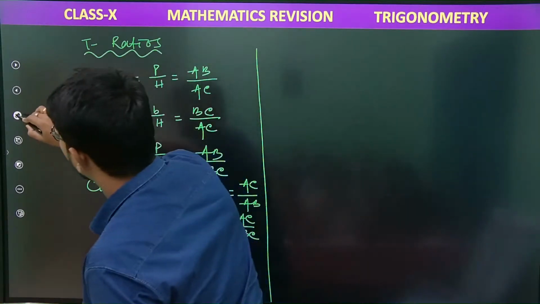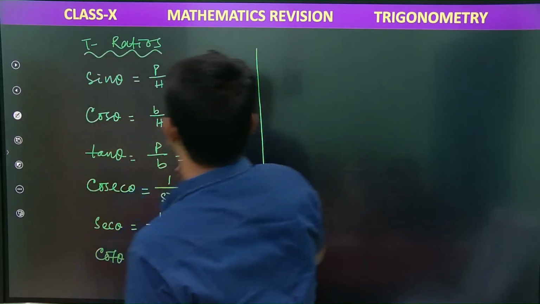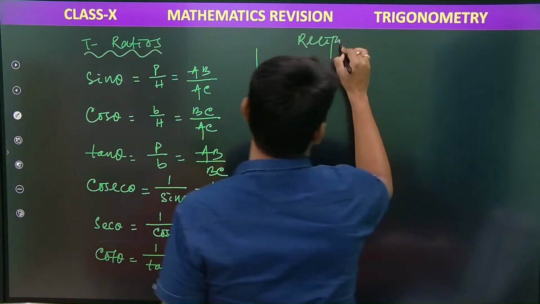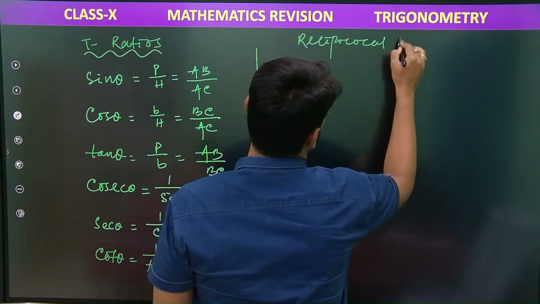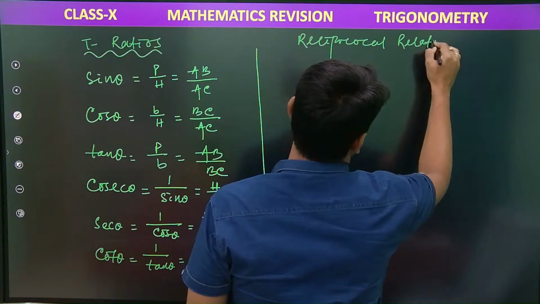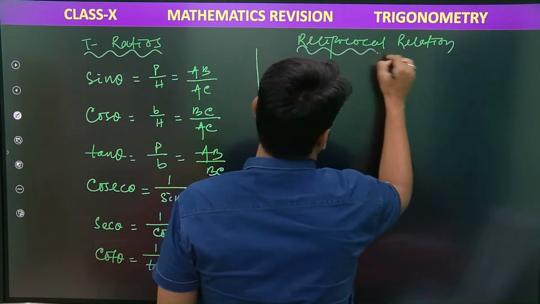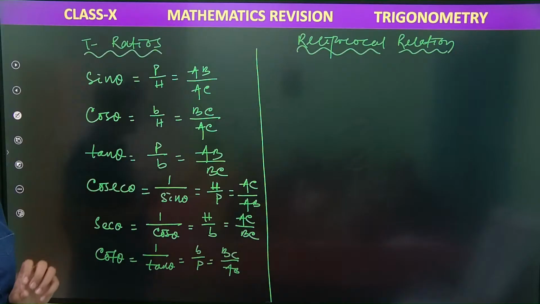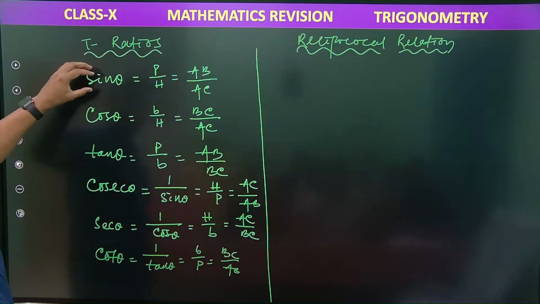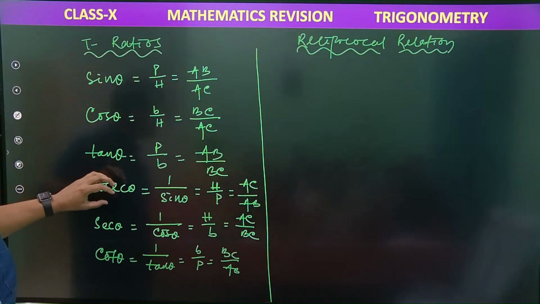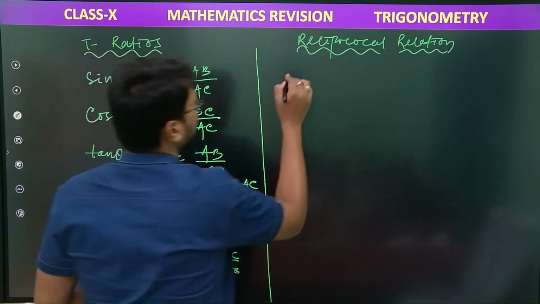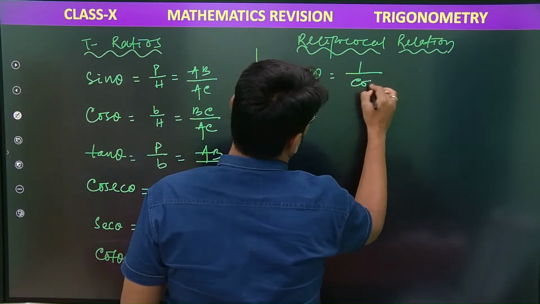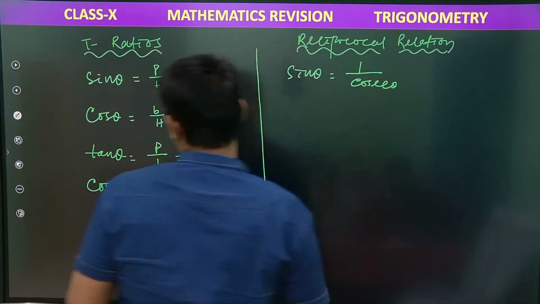Sine reciprocal is cosec, so sine theta equals 1 by cosec theta, and then cos theta.